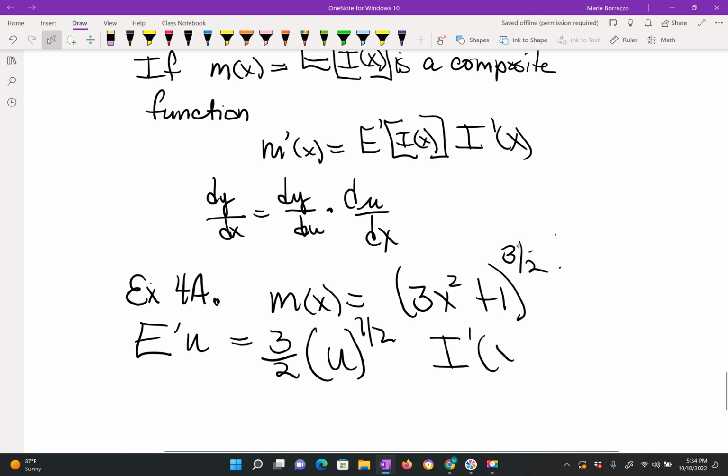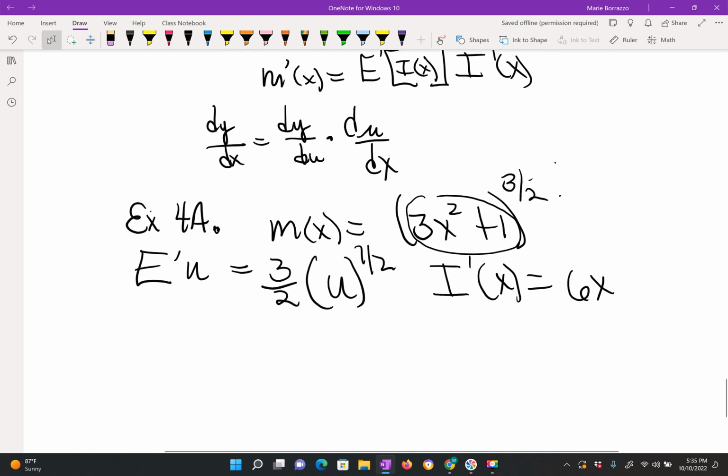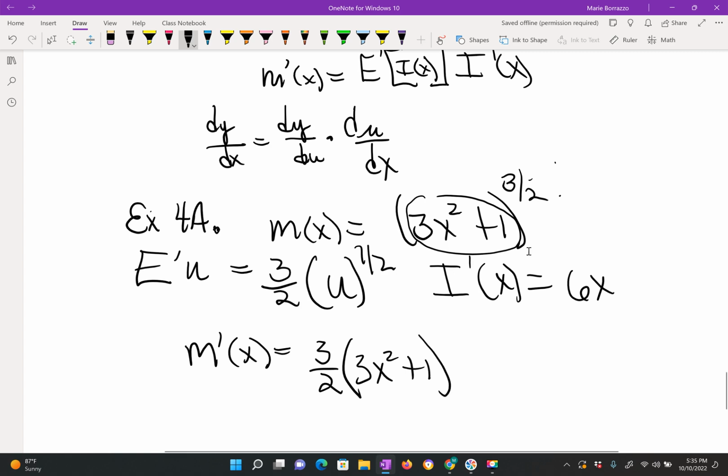I prime of x, as they explain it, is equal to, in this case, the derivative of this. It's the same thing we just did, it's just a different notation, hence 6x. So putting it all together, what they're saying is that the first derivative of this m of x equation is equal to 3 over 2, parentheses, 3x squared plus 1, that's your u, raised to the 1/2 times that 6x.